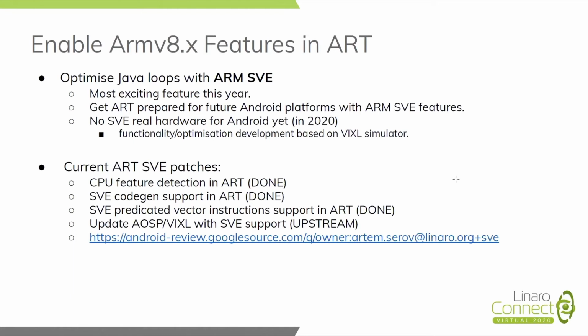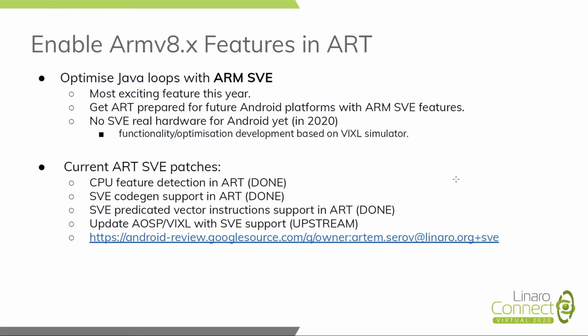Unfortunately, currently there are no Android platforms that support the SVE features yet. So we are developing the functionality and the algorithm side in the compiler to get ready for future platforms that support the SVE features. And our development is currently based on the VIXL Simulator, which I will introduce later.